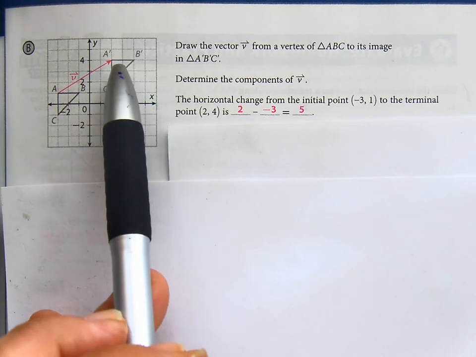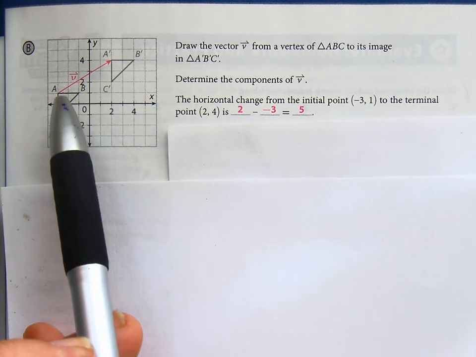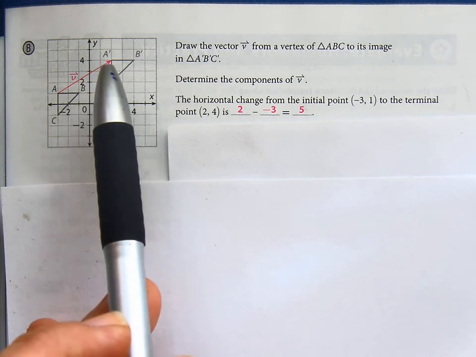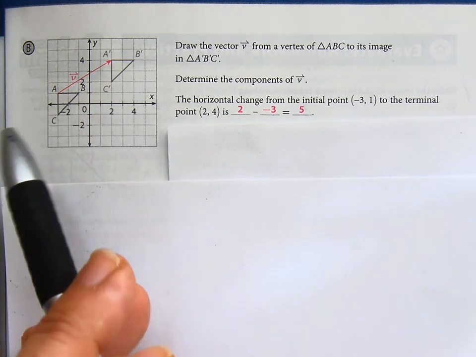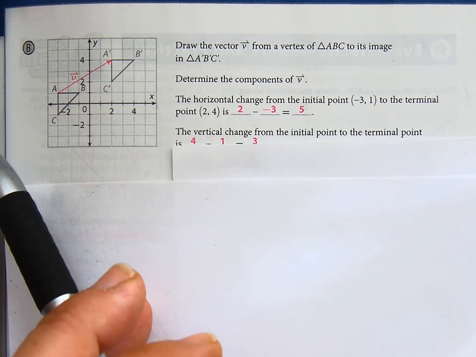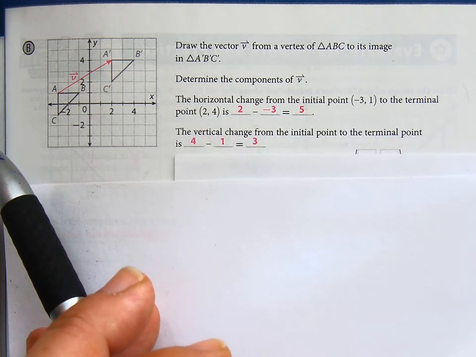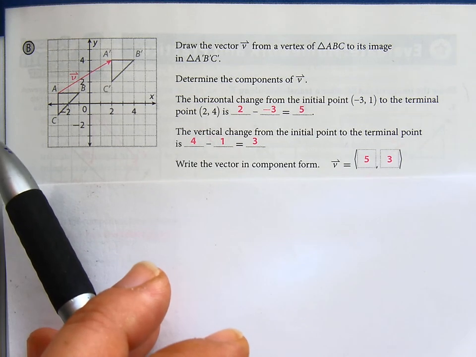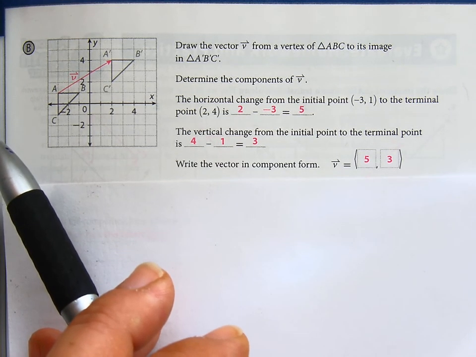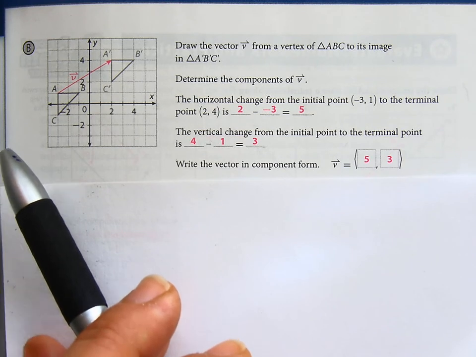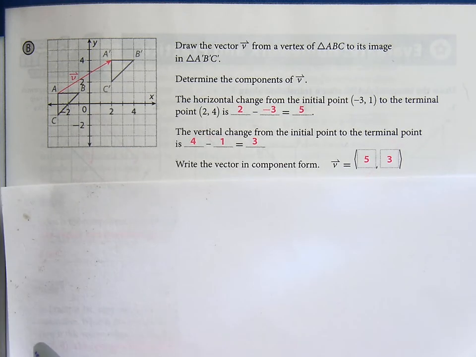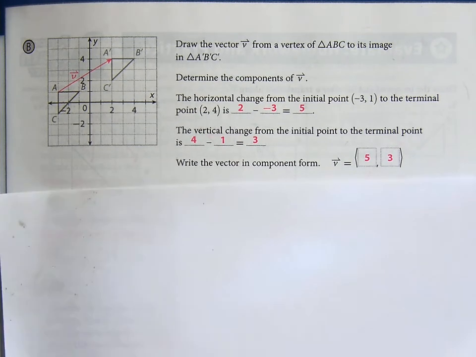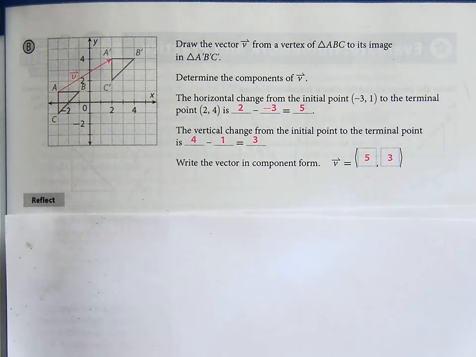Again, we subtract our initial point and our vertical change, or our y, from our terminal point of our A prime. Hopefully you got this, thus giving us the vector in component form. Okay, look that over, see how you did it, check your math, and we'll move on to our reflection.